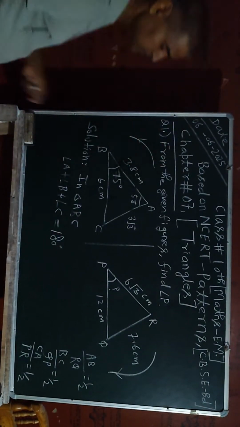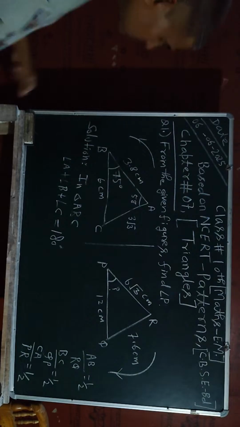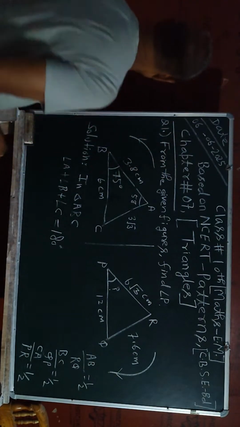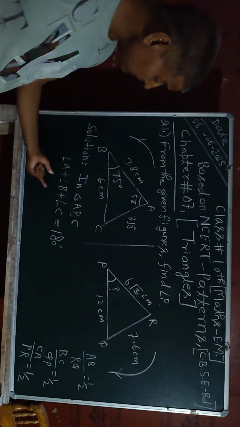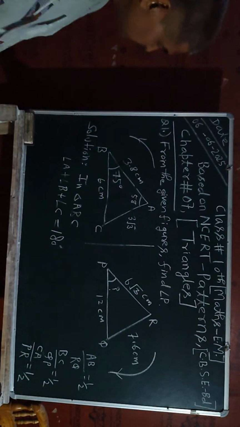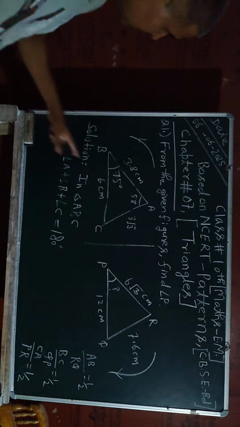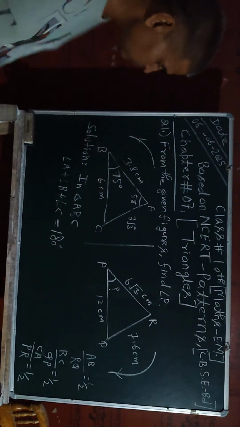This is some property of a triangle. In other words, we can say that the sum of all angles of a triangle is equal to 180 degrees.